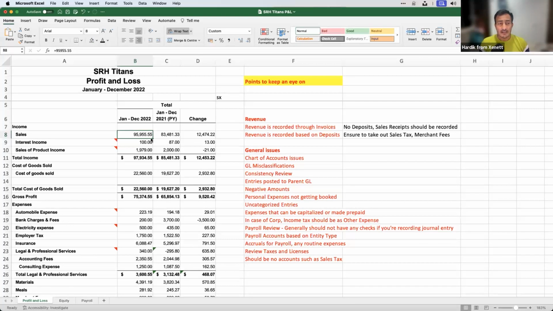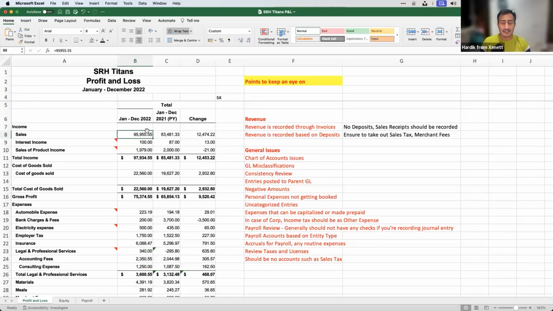Second thing, especially with the merchant deposits like Stripe or Square, whenever they are depositing money to our bank account, they deduct some sort of fees out of those settlements, like the batches that they are depositing. Now, if that is the case, that means we are under-recording the sales.